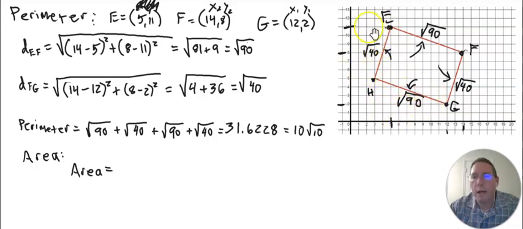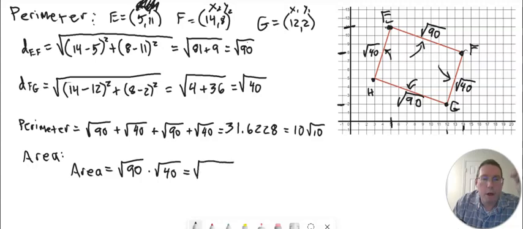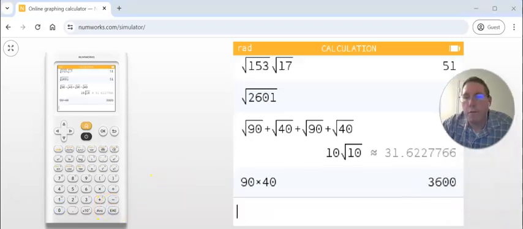So we're just going to do square root of 90 times square root of 40, which equals, now 90 times 40 is equal to 3600. Now if you're not sure, let's go ahead and look at the NumWorks. 90 times 40 is, yep, sure enough, 3600.